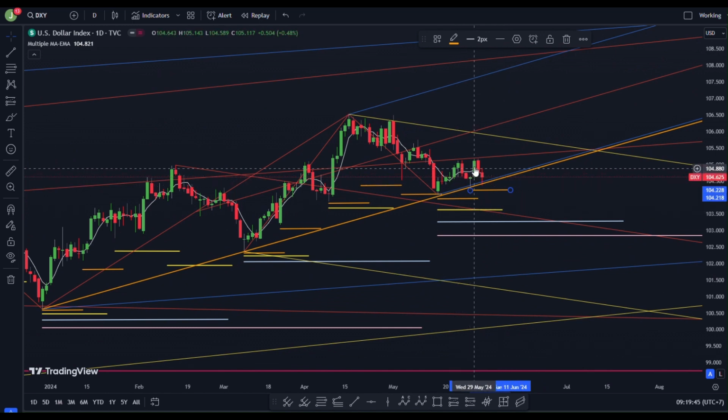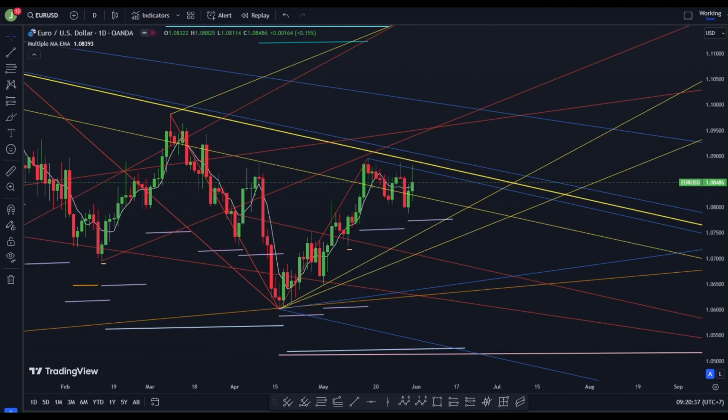We bounced from it once, and then we just hit it again on Friday. Holding that and the potential of a 2-week cycle trough, which came in higher than the prior 2-week cycle trough, suggests this bottom is in, which would suggest further upside is expected in the US dollar. So until we see a breakdown, my bias is to the long side for the US dollar.